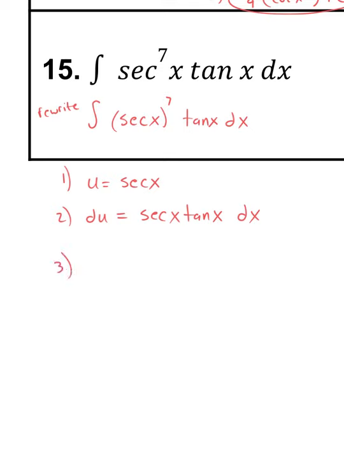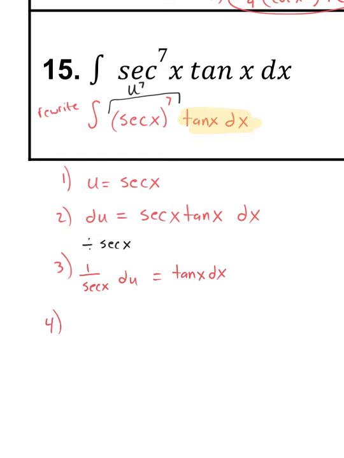Now, let's go up and diagram. This piece here is going to become u to the 7th. But that means that I have to replace the tangent of x dx. So in order to get the tangent of x dx all by itself right here, I would have to divide by the secant of x. So if I were to divide by the secant of x, I would have 1 over the secant of x du is equal to tangent of x dx.